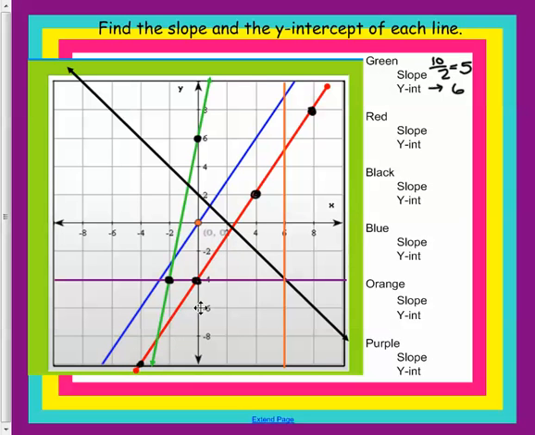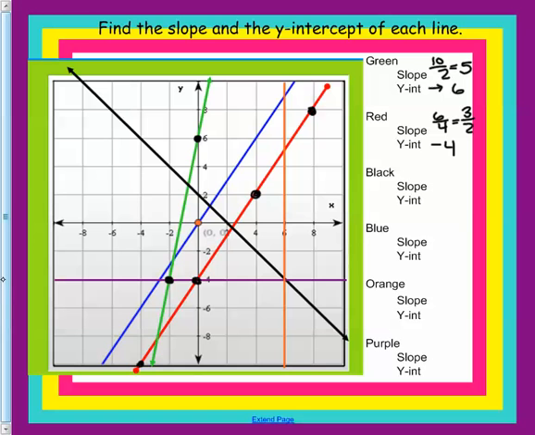So if we look at this one, it's rising 1, 2, 3, but really that's 2, 4, 6. So it's rising 6. And running forward, 2, 4. So 6 over 4, which is 3/2. What's our y-intercept? It's at 4. But that's a -4, so we've got to be careful.